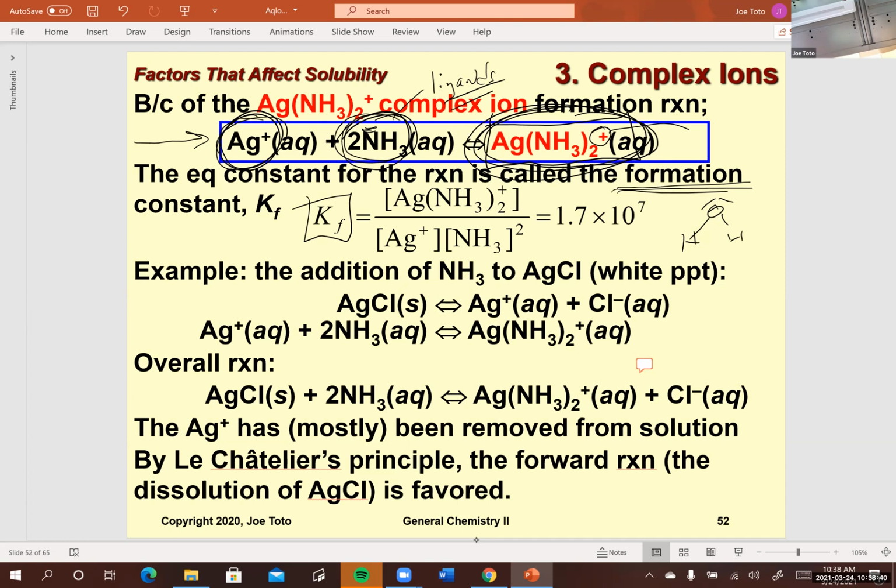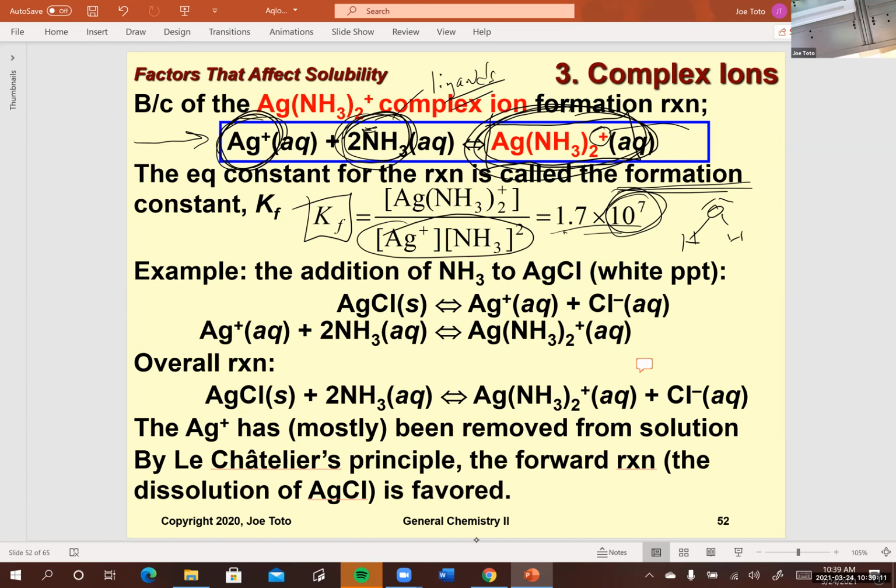So we can form it in the usual way, the concentration of the products to their stoichiometric coefficients over the concentration of the reactants to their stoichiometric coefficients. And we have these values. Notice the values, unlike all the other equilibrium constants that we've looked at so far, these guys are big. So we would say that these equilibria lie to the right towards the formation of the complex ion.